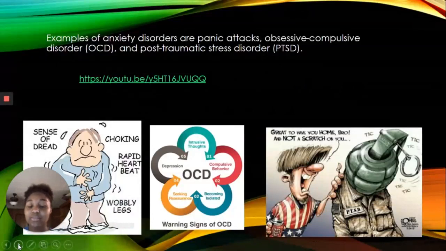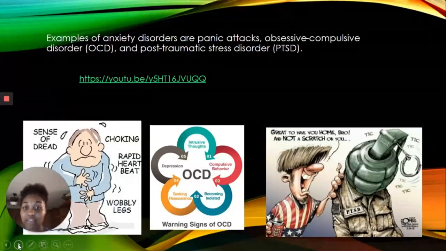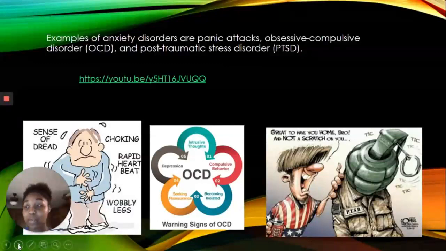The first one symbolizes panic attacks, a sense of dread, choking, rapid heartbeat, wobbly legs. These are all symptoms of someone who is having a panic attack. The middle picture shows the warning signs of OCD: depression, compulsive behavior, intrusive thoughts, seeking reassurance, and becoming isolated. These are all warning signs that you or somebody you may know is coming down with OCD.